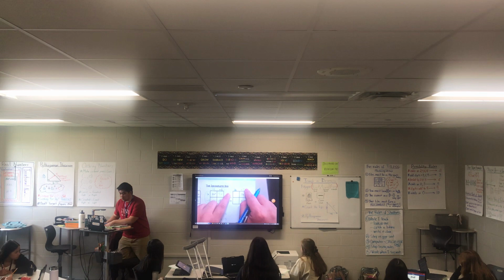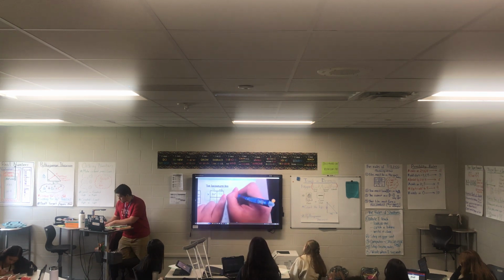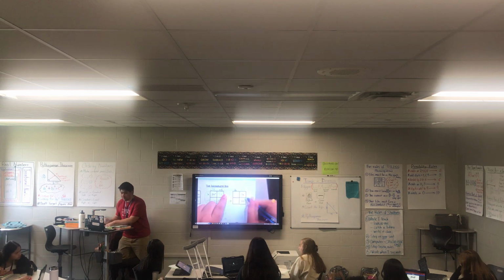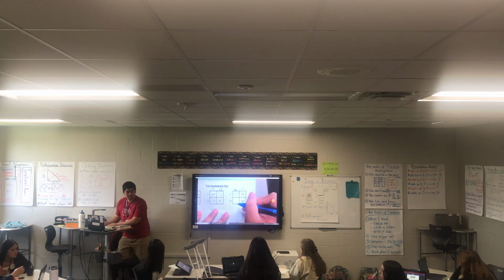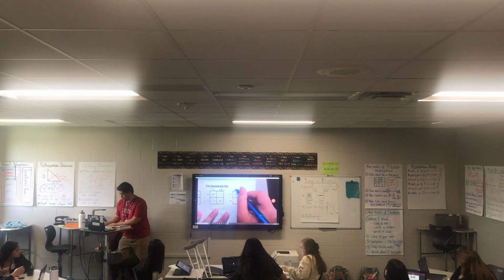So 7 times what gives me 7x? 7 times x gives me 7x. Now that I have everything else, I can just multiply these to give my factors. 3x times x gives me 3x squared. 3x times negative 9 gives me negative 27.